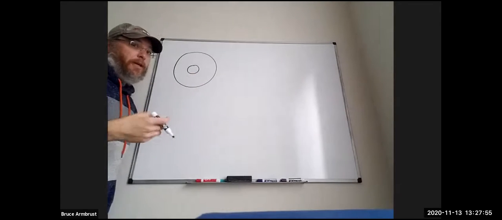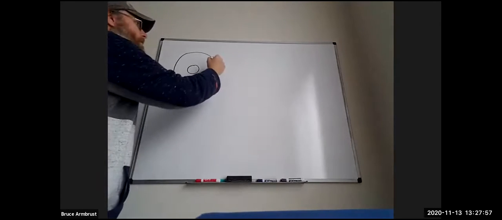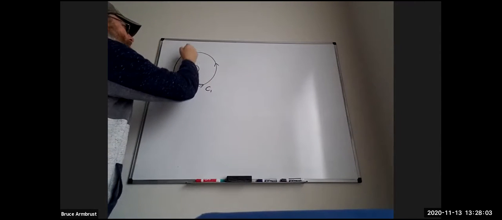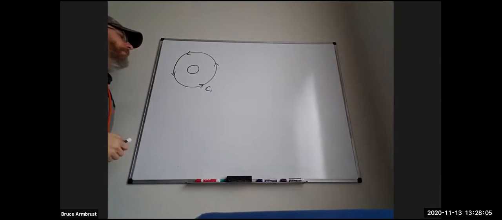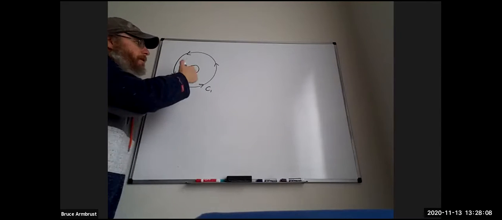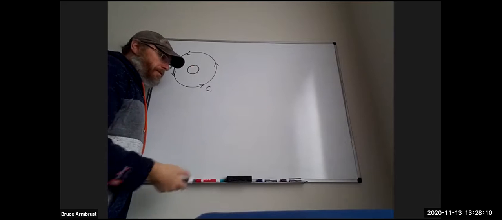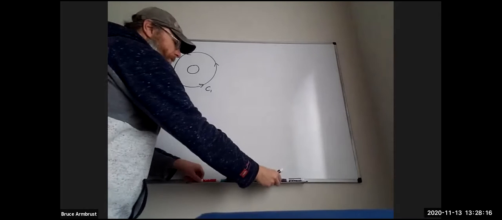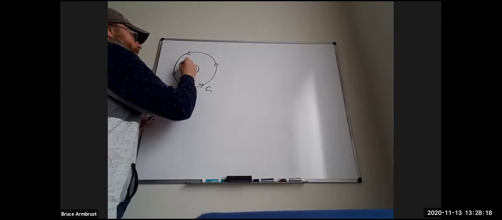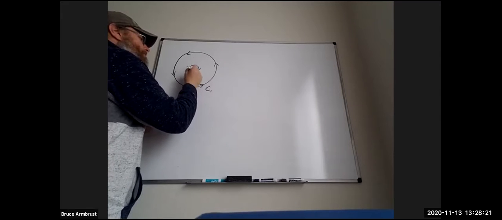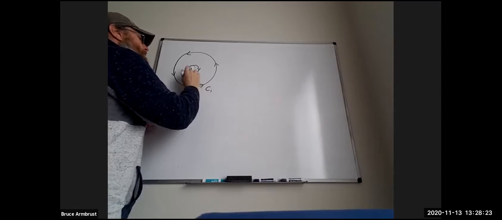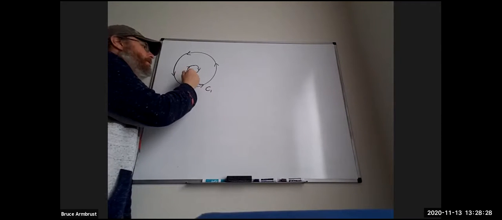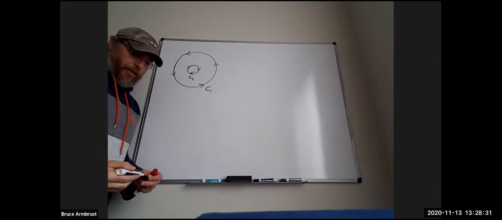So even if we wanted to go with positive orientation, we'd have out here a curve, say, call it C1. And then on the inside, we'd have another curve, the curve C2. Now, C2, I'm actually going to have go in the other direction. And if you go, but wait a minute, Bruce, you said we always wanted to do this counterclockwise, and the interior one is actually clockwise.